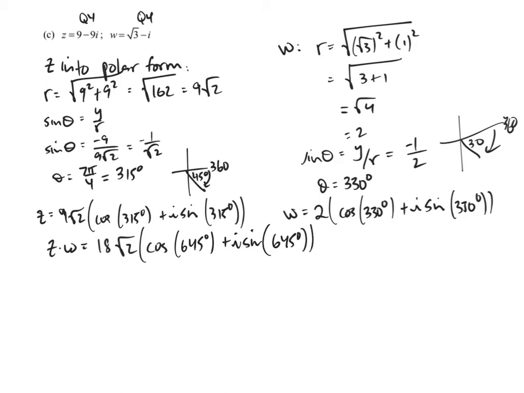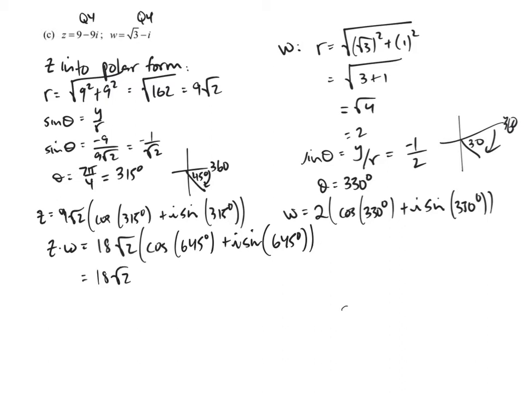Now, anytime we write something in polar form, we want the argument to be between 0 and 360 degrees. And so I need to get that angle 645, I need its coterminal angle so that I can write it between 0 and 360. So what I'm going to do is take 645 and subtract 360, and that's going to give me 285.